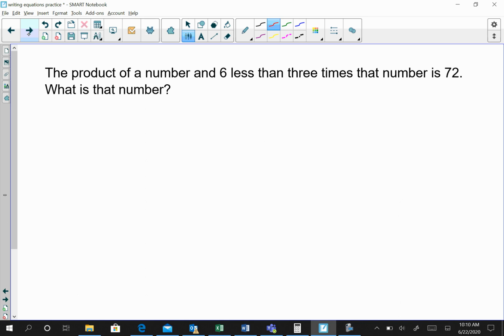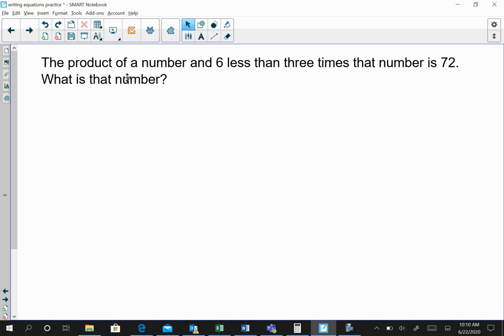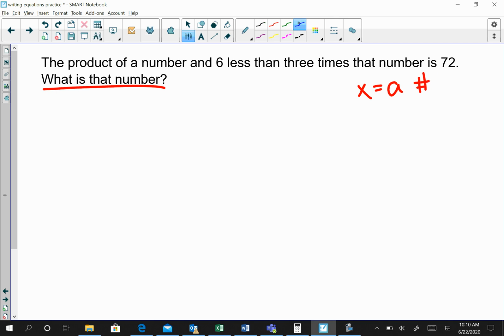All right, the product of a number and 6 less than 3 times that number is 72. What is that number? x is a number. Let's define its parts. Product of means multiply. I guess I should use the dot for multiply.